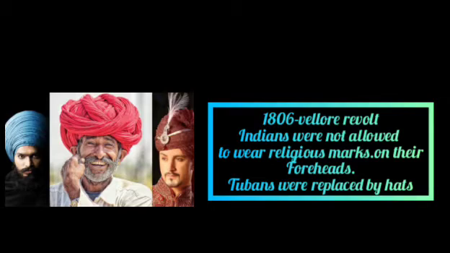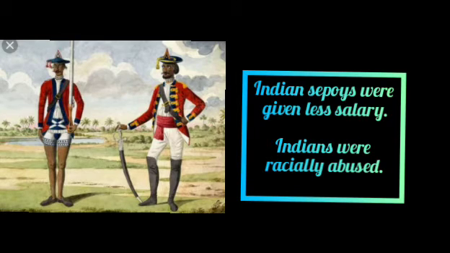The sepoys were also upset with the discrimination in salary and promotion. The Indian sepoys got less salary than the European sepoys. The Indian sepoys were humiliated and racially abused by their seniors.